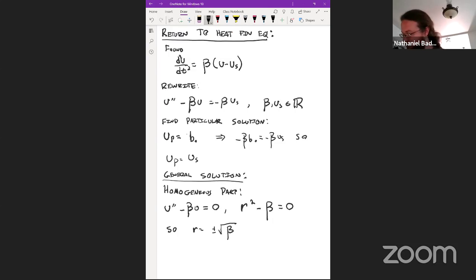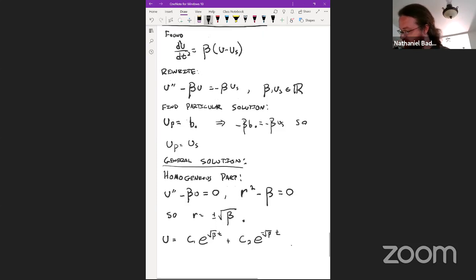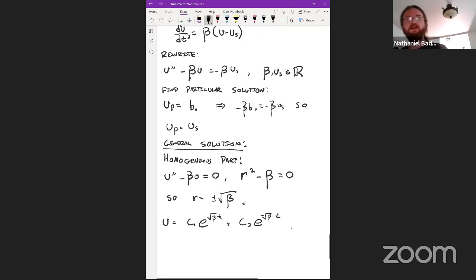And u equals C1 e to the root of beta t plus C2 e to the minus root of beta t. Cool.